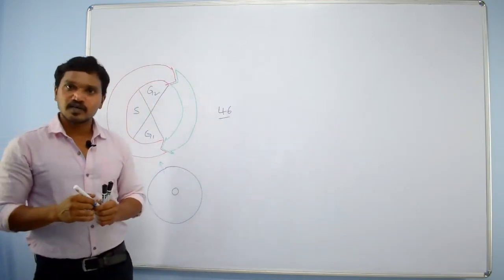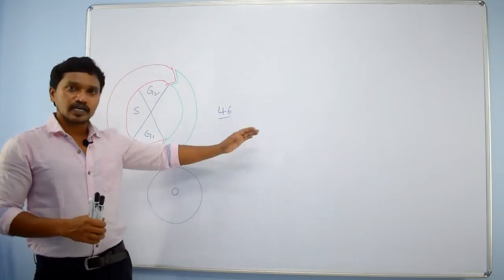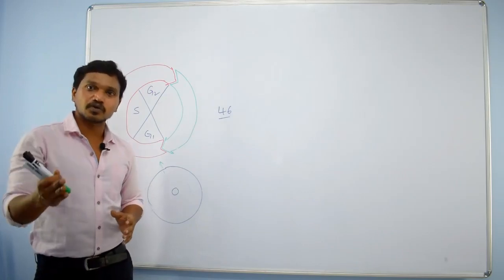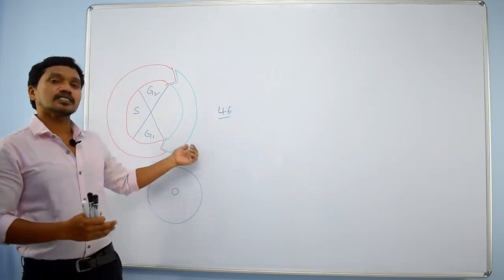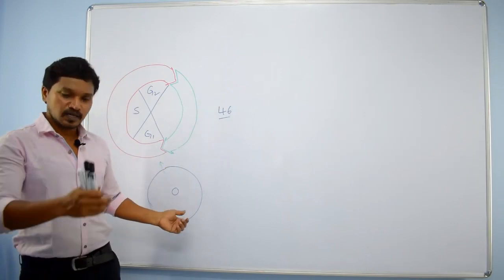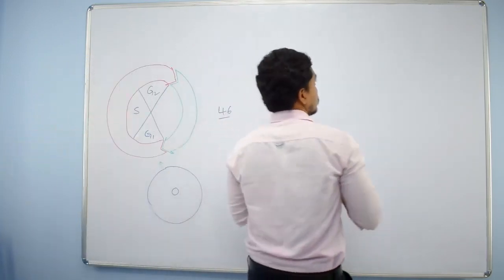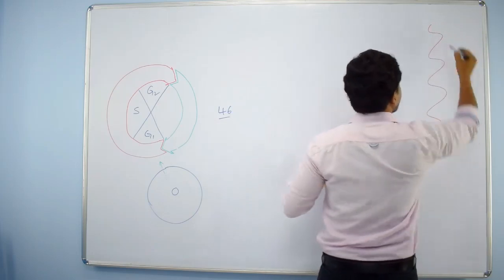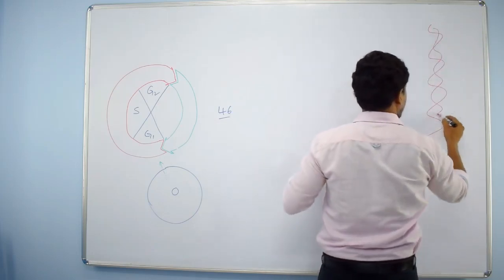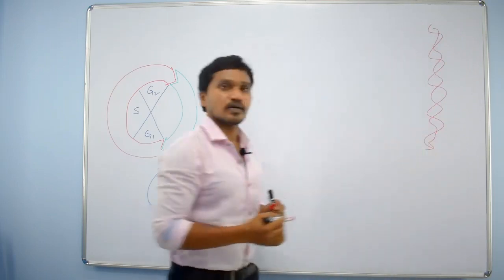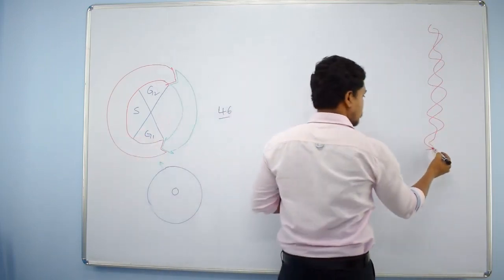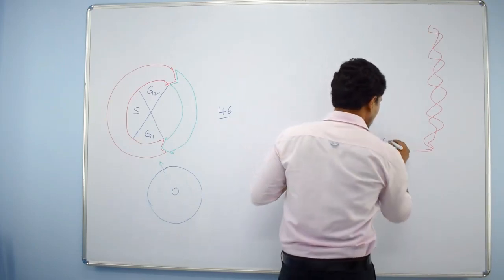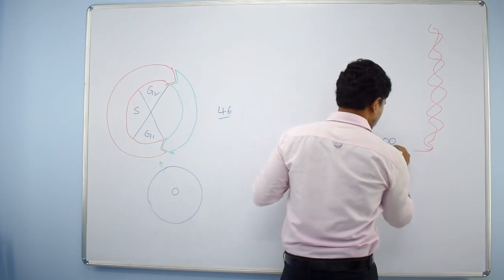Now, if I explain the organization of the chromosome, then you will come to know how many DNAs are present in the cell. Right? Let me tell you about that. If you take double stranded DNA, this is double stranded DNA. This double stranded DNA winds around histone proteins.